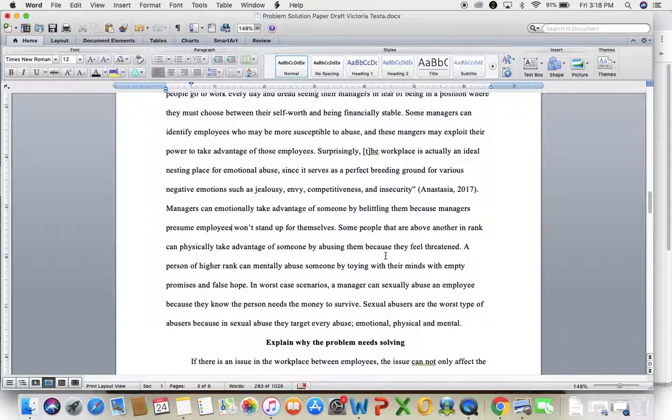"Some people that are above another in rank can physically take advantage of someone." Right, so here you're identifying the different ways in which managers can take advantage of people. Managers can emotionally take advantage of someone by belittling them.